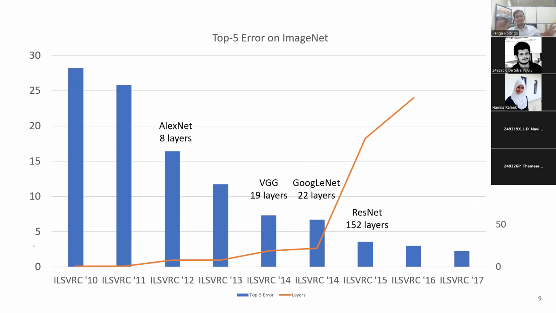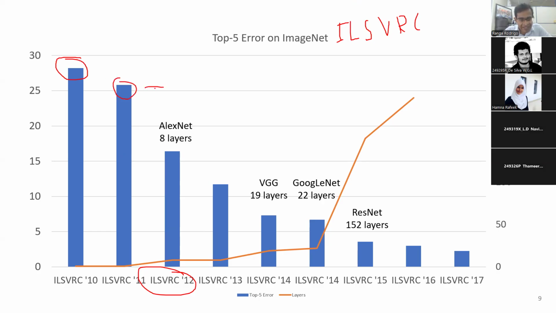Given this, we have to once again remind ourselves of what happened in 2012. In the ImageNet Large-Scale Visual Recognition Challenge, people were making so-called top-five errors of 28%, close to 25%.